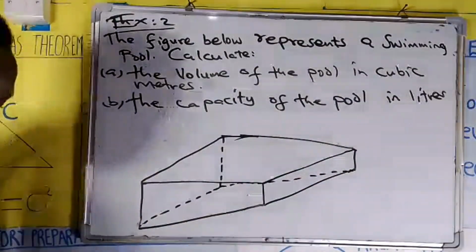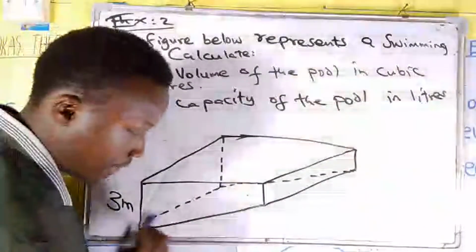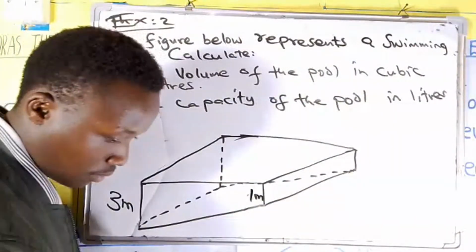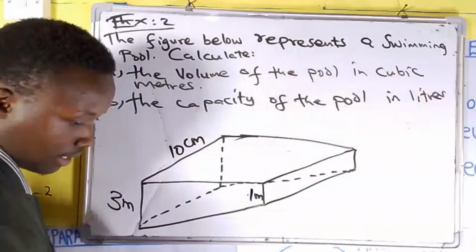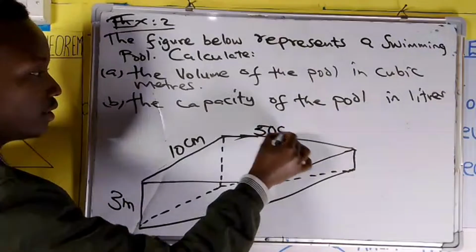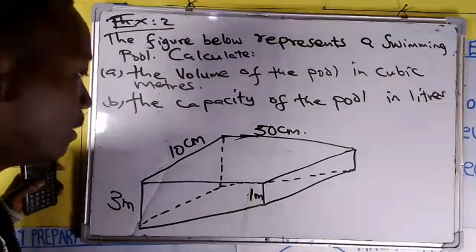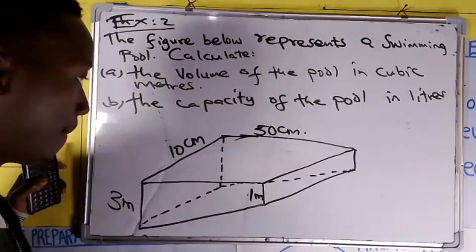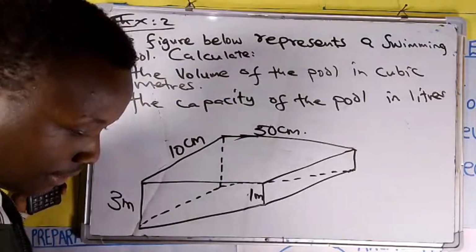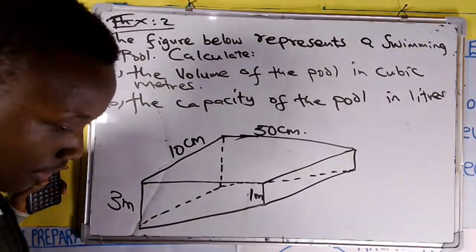That is the shape. So it has 3 meters on the deeper side, 1 meter on the shallow side. Then it has a length of 10 meters, and this one is 50 meters.